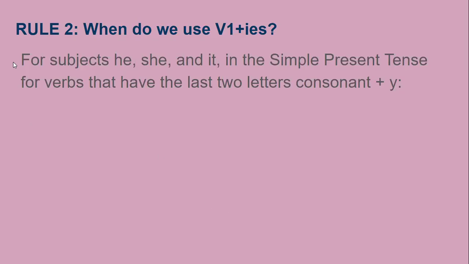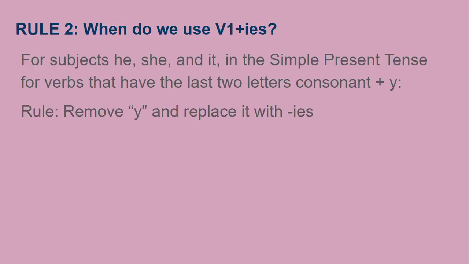It says here, for subjects he, she, and it, in the simple present tense, for verbs that have the last two letters consonant plus Y. So, if the last two letters of your verb are consonant plus the letter Y, so a consonant followed by the letter Y, in the simple present tense for subject he, she, it, we remove the Y and replace it with IES.